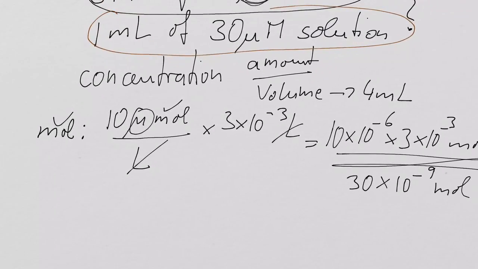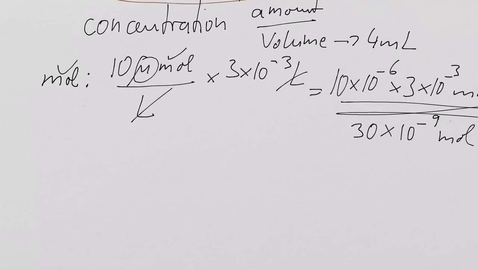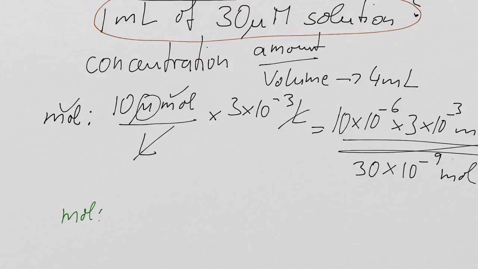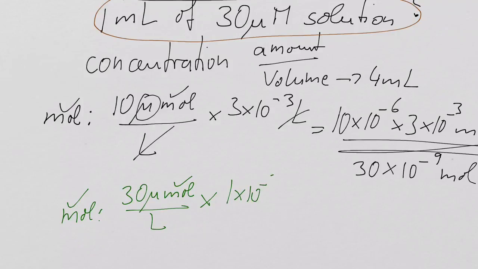Now for the second solution, I do exactly the same thing. So for the second solution, I have mole. I have a 30 micromolar solution. So 30 micromole per liter. The moles are all right. I now get rid of the liter, so that's 1 times 10 to the minus 3 liter. Liter cancel out.